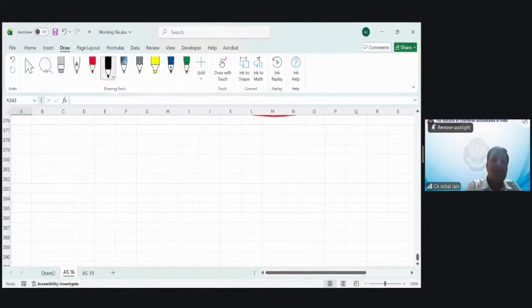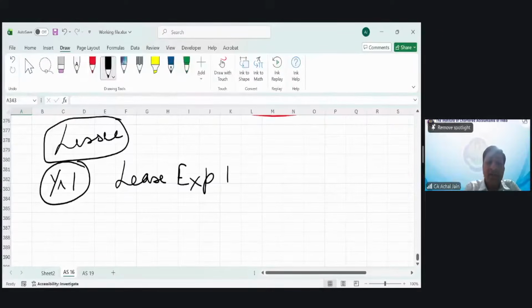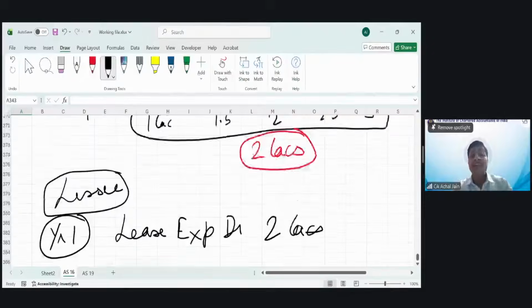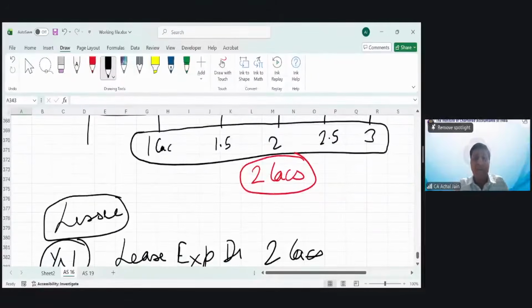The standard says, if you look at the books of the lessee, at the end of the first year, the lessee will record a lease expense debit of 2 lakhs. The lessee will not record 1 lakh, because there is an escalation, so he will average out.